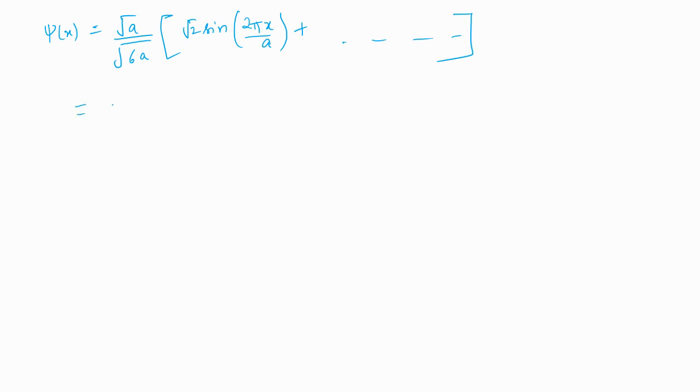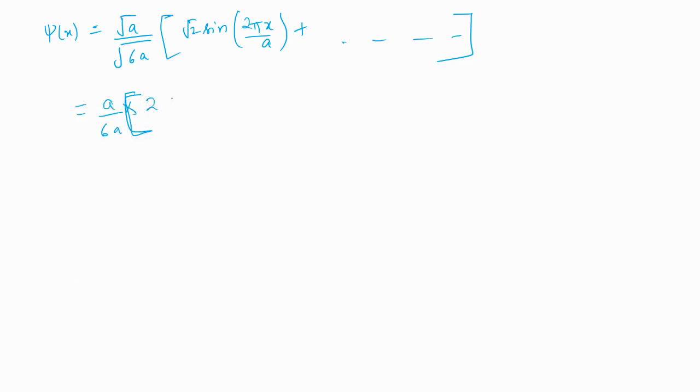Phi x is equals to root a upon root 6a, root 2 sine 2 pi x by a plus something something. Now if you do, 6a by 6a will be the same.